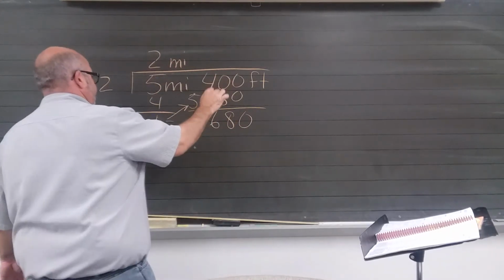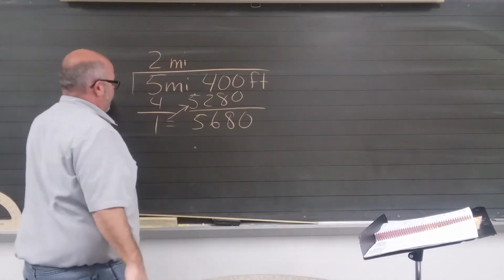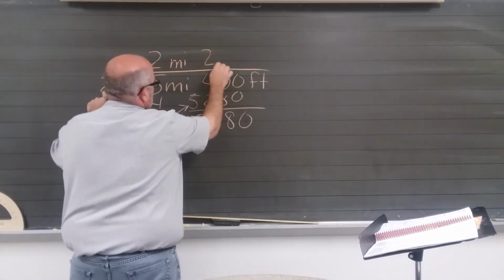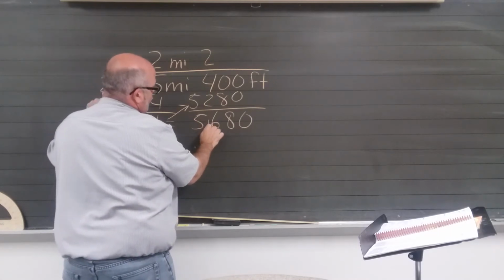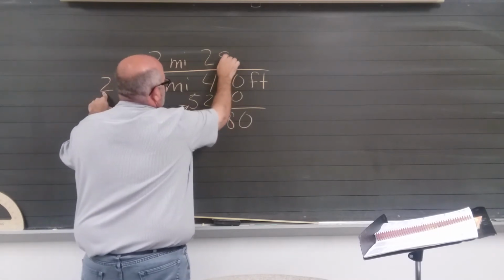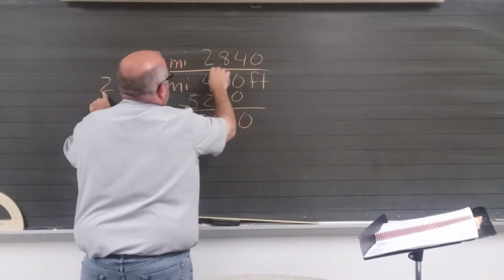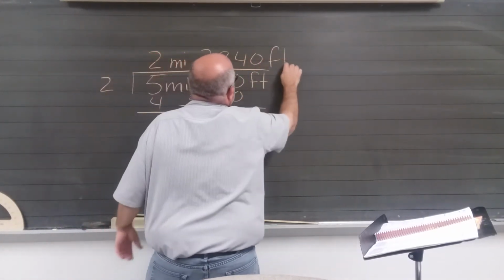And then divide this number by 2. 2 into 5 is 2. Subtract, that would give you 1. 2 into 16 is 8. 2 into 8 is 4, 0 feet.